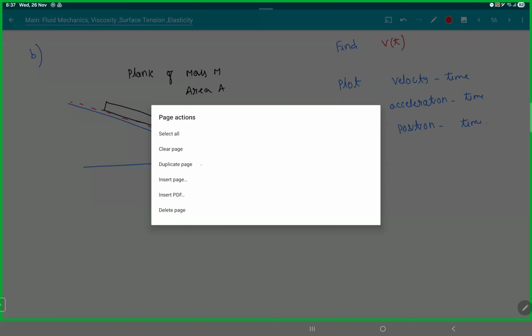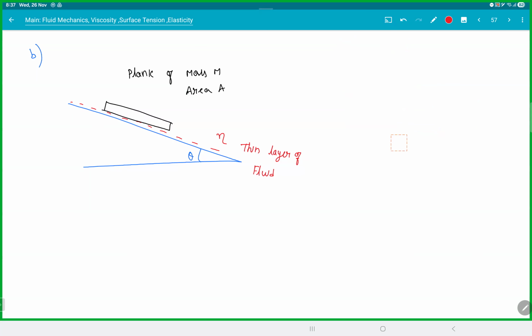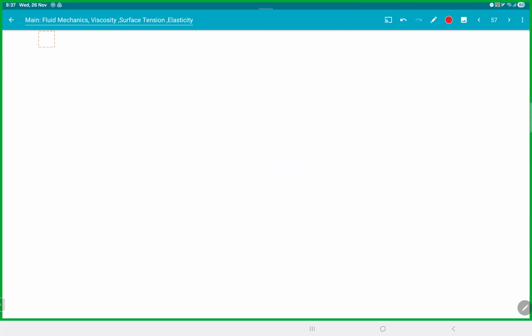What are the forces? If you take the plank, the forces will be mg sine theta. The viscous force will be backward. Let the acceleration be a and the velocity be v. Mg sine theta minus this will be eta A v by z.